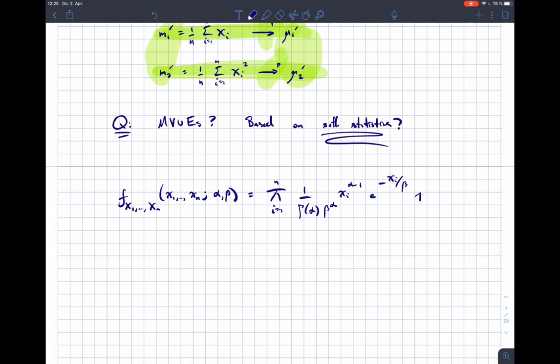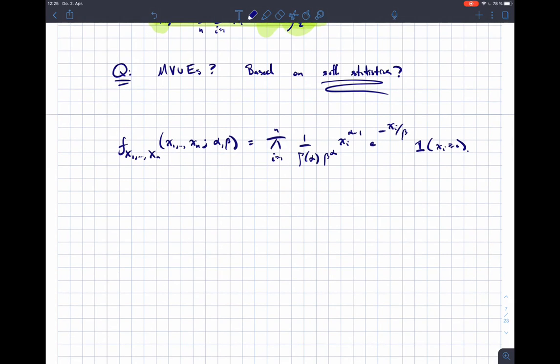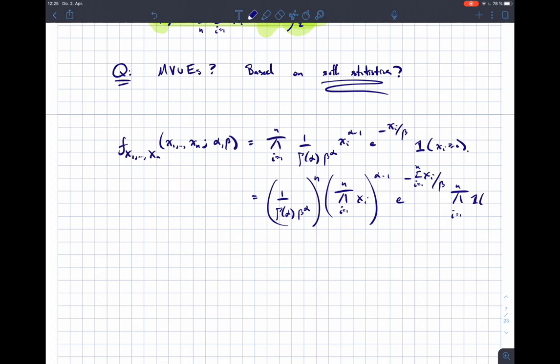I'm going through this part a little bit quickly because I think we've done this before. We have found sufficient statistics for the gamma distribution before. So letting that product do its thing, I would get all of this constant raised to the power n. Then I would have the product of the xi's raised to the alpha minus 1. Then e raised to the negative sum of the xi's divided by beta. And then the product of these indicators.